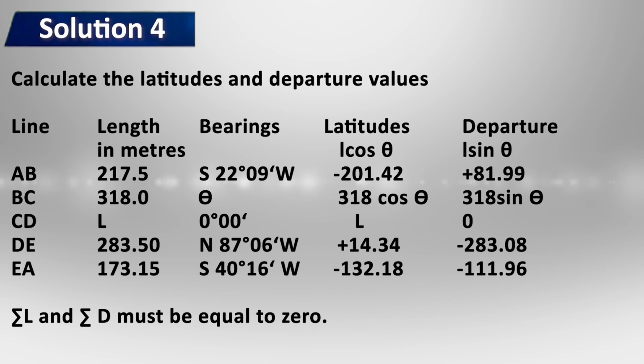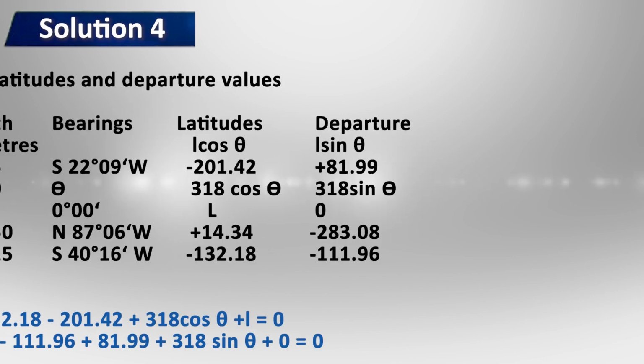Then the latitude of BC would be equal to 318 cos theta, and the latitude of the line CD is equal to L, because cos theta would be 1 when theta is equal to 0. For departure of BC, it is equal to 318 sin theta, and departure of CD would be 0 because the value of theta is 0, so sin theta will also be 0.